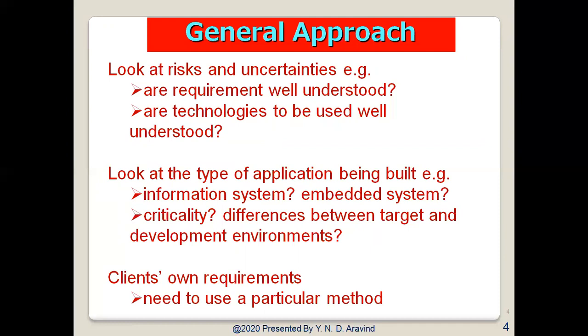Later, we need to look at the type of application we are developing: what the information system is, whether it is an embedded system, what the criticality is, and the difference between the targets and the development environments. That also we need to consider. And lastly, we need to find out the client's own requirements. So based on the client's requirements also, we need to select the particular model.